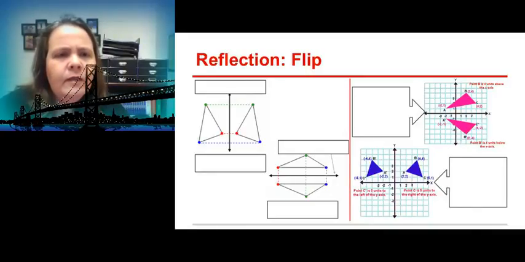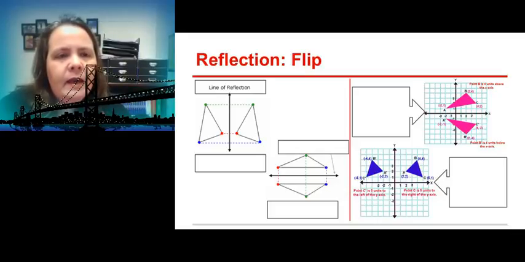If we look at the first one, when you have a reflection, you always have a line of reflection. And so there is our line of reflection. Even though that line is vertical, if you look at the dots that are matching the reflected points up with each other, you'll notice the line of reflection is perpendicular to the segments connecting those points.